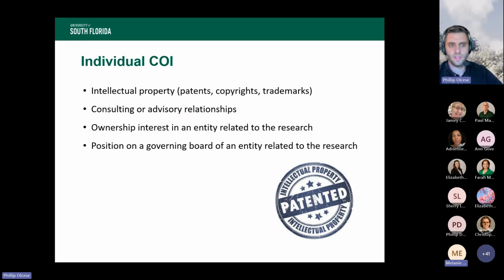And positions on boards related to the research is also an individual COI that needs to be disclosed. And one that I didn't list on here, but we see often, is the employment of a related person, or nepotism. So if any of your family members or anybody related to you is involved in the research project, that also constitutes an individual COI and needs to be disclosed.